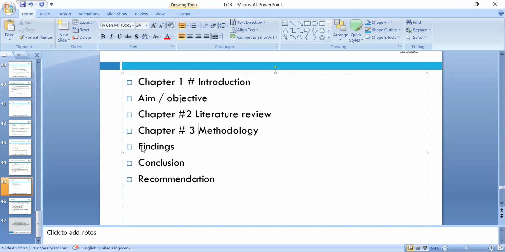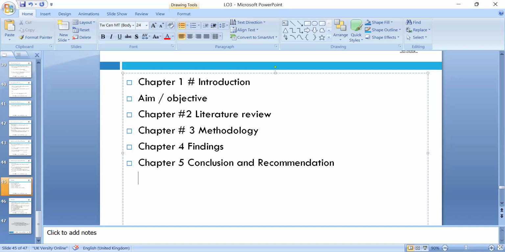Then we can do the findings. Chapter 4, if you want to divide it into chapters, can be findings, and chapter 5, if you want, recommendation. If you want to divide it like this, you can as well. And then of course your references.